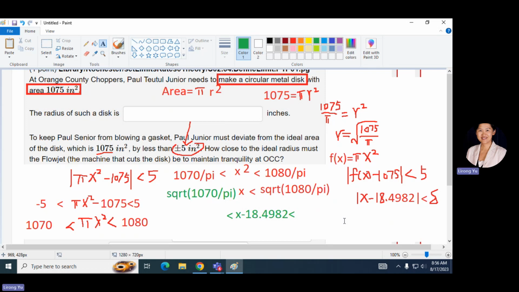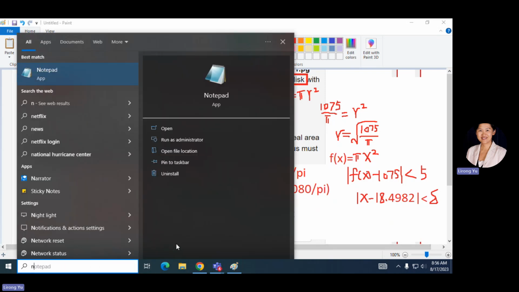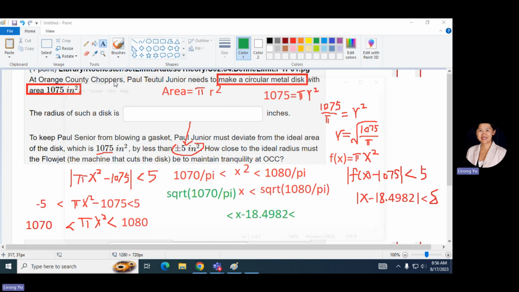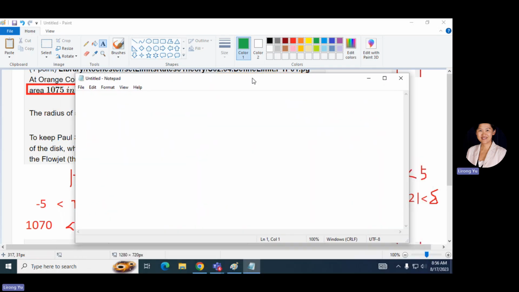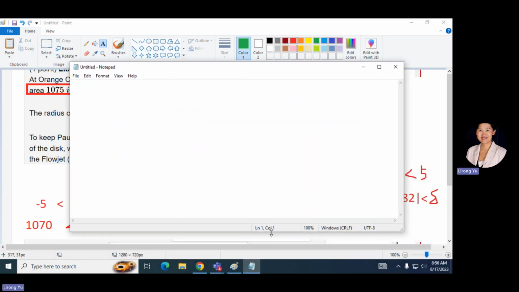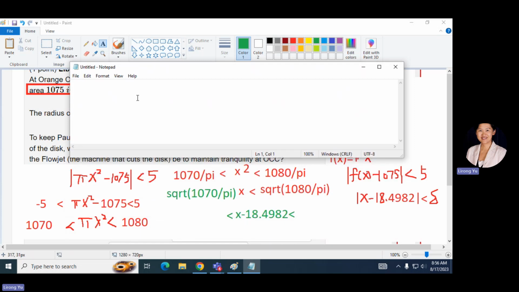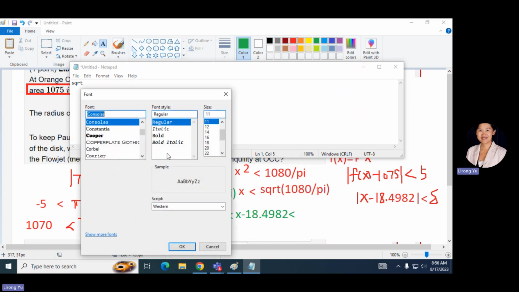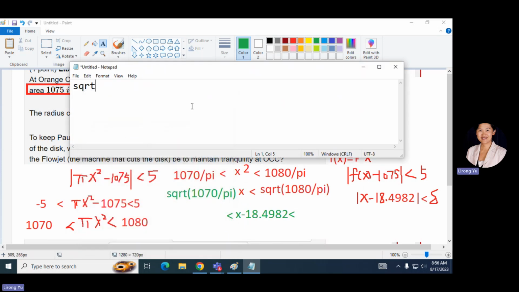The board is kind of crowded, so let me do the calculation over here. All right, so we calculate both of these to the boundary. We calculate the square root of 1080 over pi minus 18.4982. That's one.